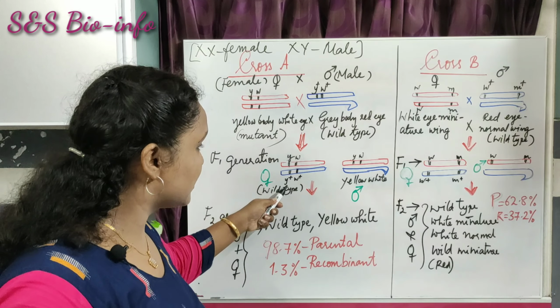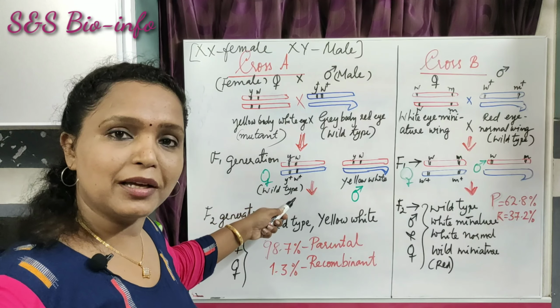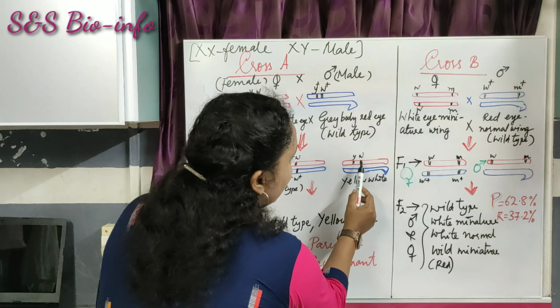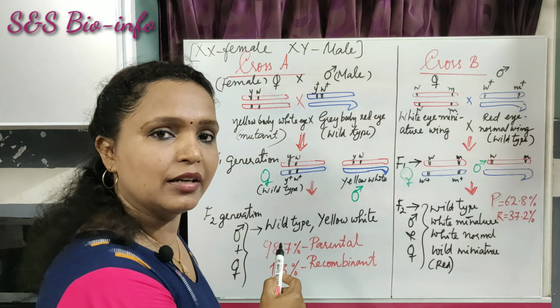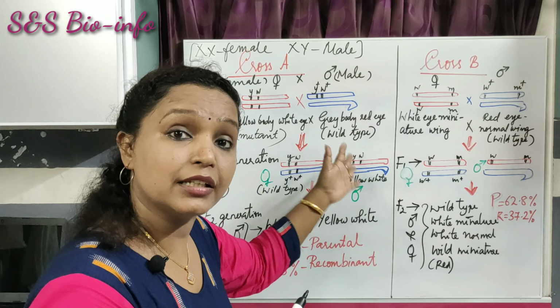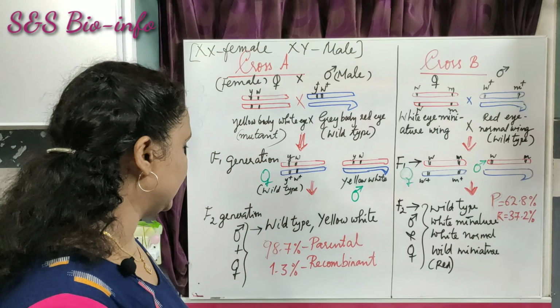The dominant alleles express, so the female is wild type. In the case of the male, only the two recessive alleles are present on the X chromosome, so the recessive character appeared in the male, that is yellow body with white eye.